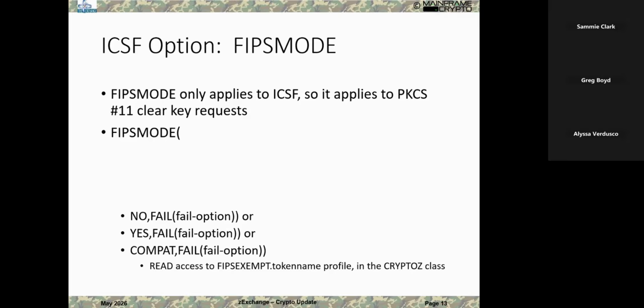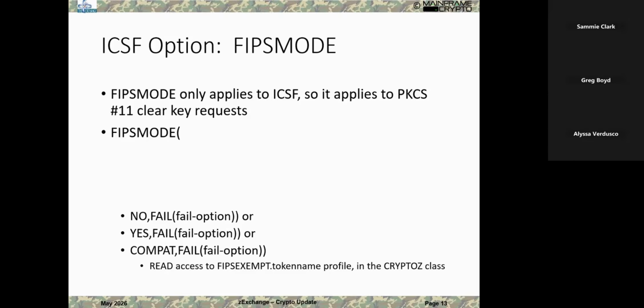So what compat mode did was give you the capability to enforce FIPS compliance for some applications while allowing other applications not to have the FIPS enforcement. What you could do was create this FIPS exempt profile in the CRYPTOZ class, and by virtue of having read access to that profile, you were allowed to use non-FIPS algorithms and non-FIPS key lengths.